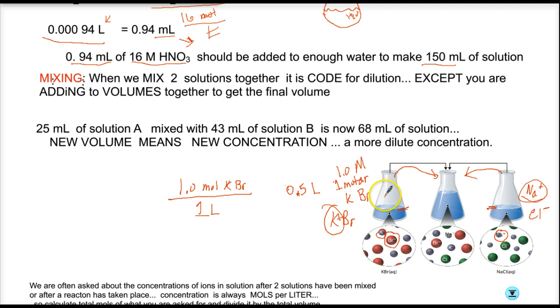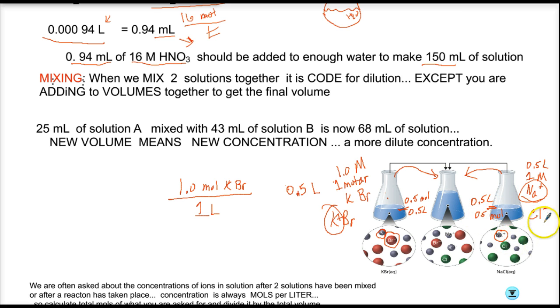So I have just added 0.5 moles in 0.5 liters. Same thing over here. We've got 0.5 liters of a 1 molar solution, which means I have 0.5 liters and 0.5 moles.